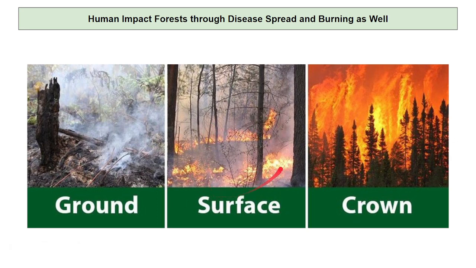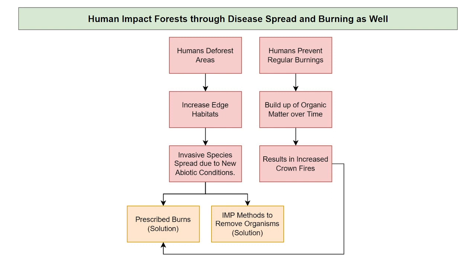So you get this huge buildup of organic matter on the ground, and once all that organic matter catches fire, that's when you start to shift into crown fires, which is unhealthy for an ecosystem as a whole. A solution for that is prescribed burns, in which you do regular burnings of the forest and make sure no human infrastructure or life is in danger when that occurs.